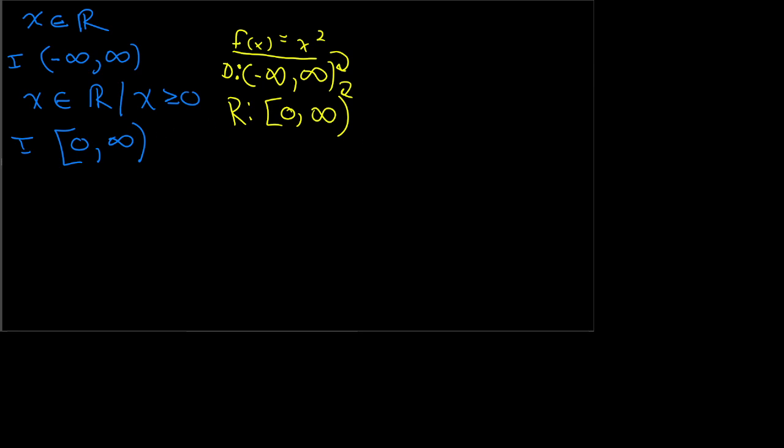Let's look at another function here. We'll have f of x equals 1 over x. Well, in determining the domain for this, we have a problem that we can't divide by 0. So my domain has to go from negative infinity all the way up to, but not including 0.